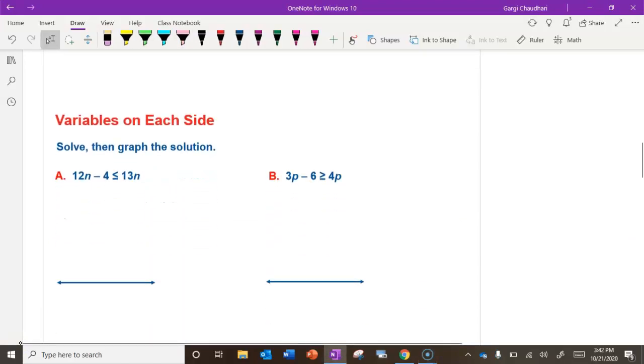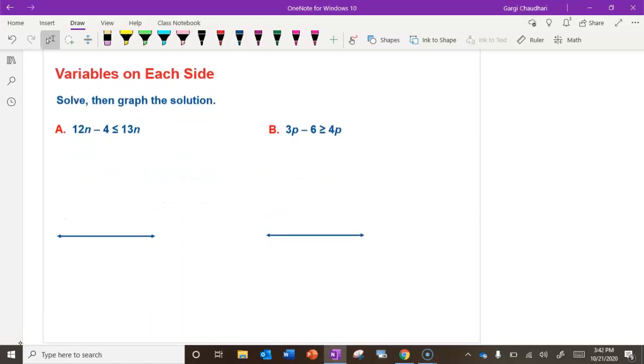Let's go ahead and move on to more complicated problems with variables on each side. So, looking at this one, realize our goal is first to get all the variables on one side and all the constants on the other side. So, looking at this, I'm going to choose the smaller variable term. In example A, it's going to be 12n because it's smaller than the 13n on the other side.